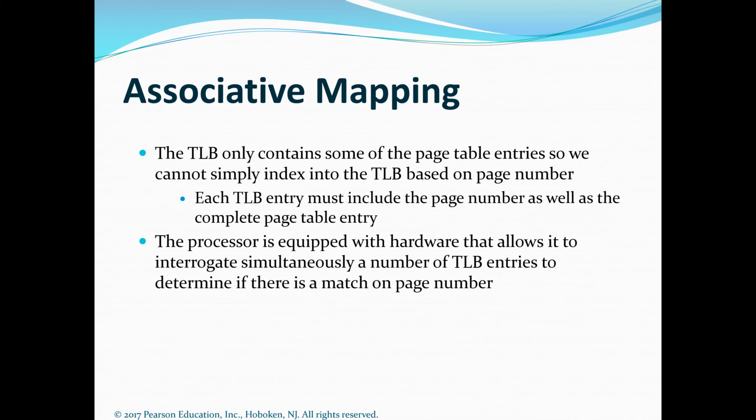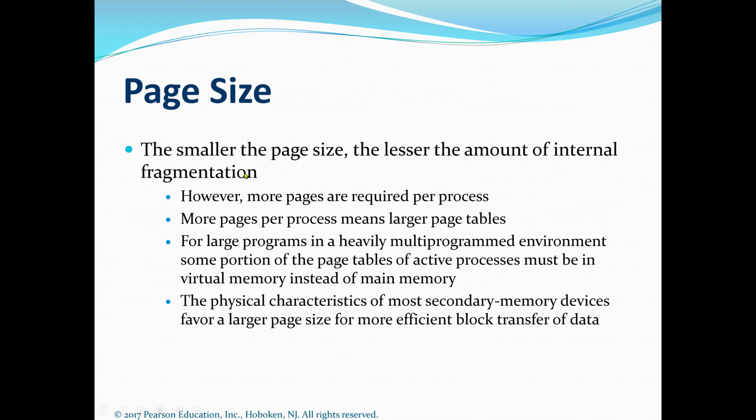Now, we also have the page size. Here we say the smaller the page size, the lesser the amount of internal fragmentation. So here there are several factors to consider. One is the internal fragmentation. And as we said, the smaller the page size, the lesser the amount of internal fragmentation.